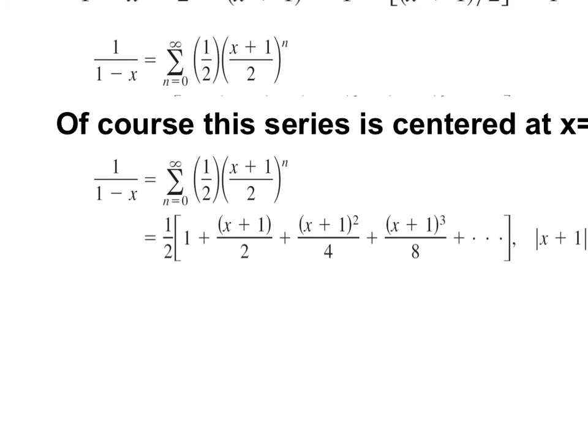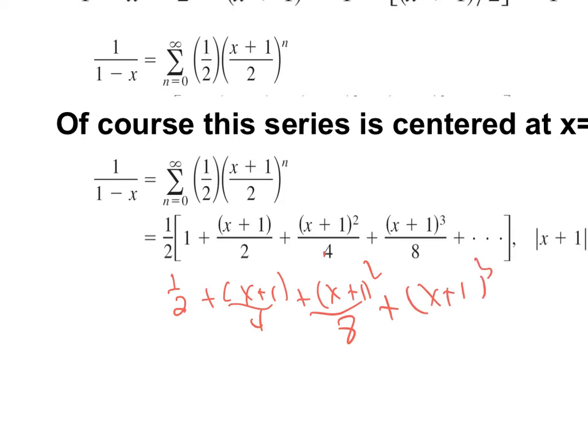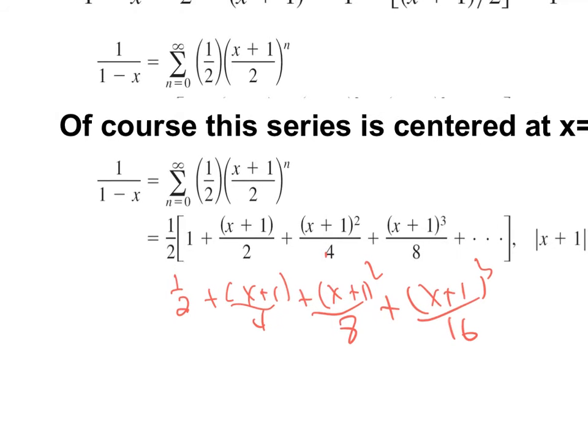I did mention that we could factor out a half. There's your 1/2. There's your x plus 1 over 4. There's your x plus 1 squared over 8. There's your x plus 1 cubed over 16. There you go.